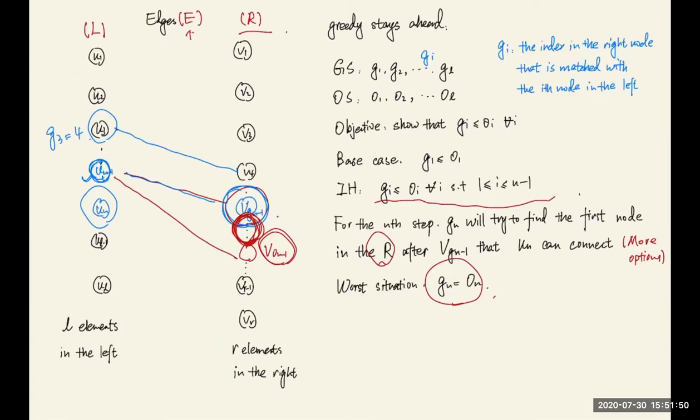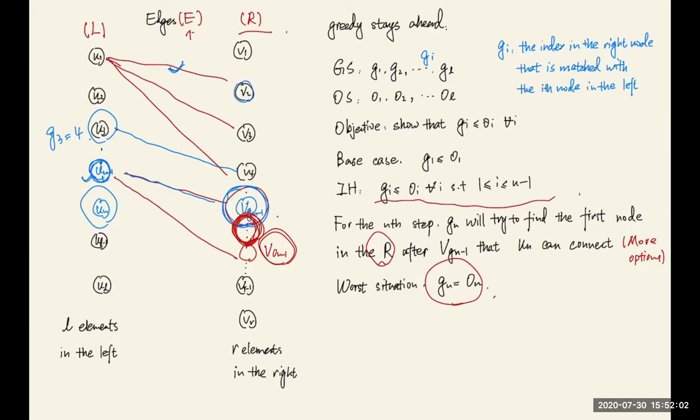The base case is usually determined by the greedy strategy, right? Because for the sample final question, the greedy strategy basically is we look for the first right node that we can connect it with. If there are multiple connections here, we will always choose this one since this is a greedy strategy.